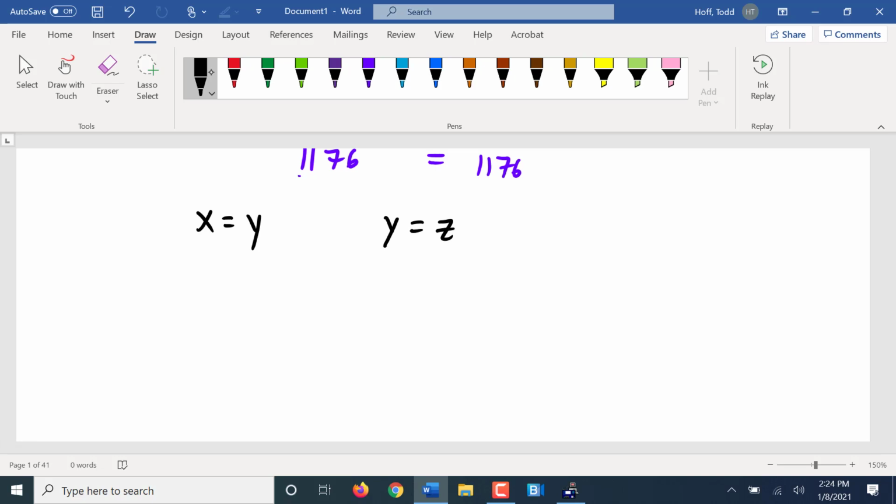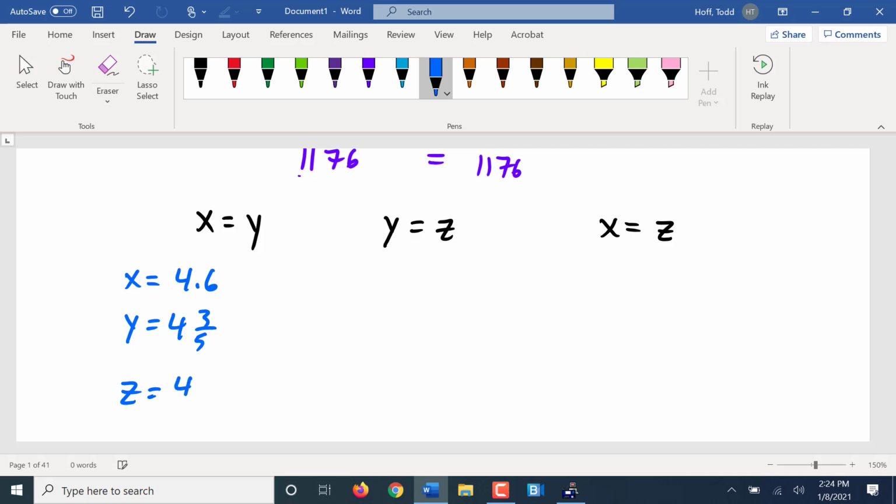Another one of the rules that we can use our variables to represent: if x equals y and y equals z, what does that tell us about x and z? They have to be equal, yes. Let's say that x is 4.6, y is 4 3/5, and z is 46 tenths.